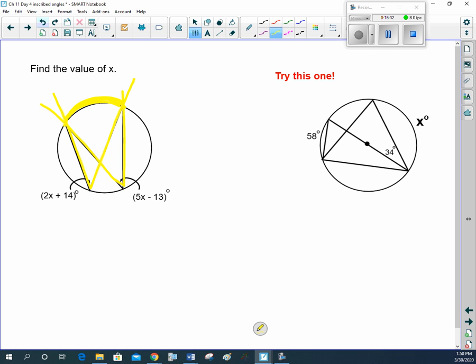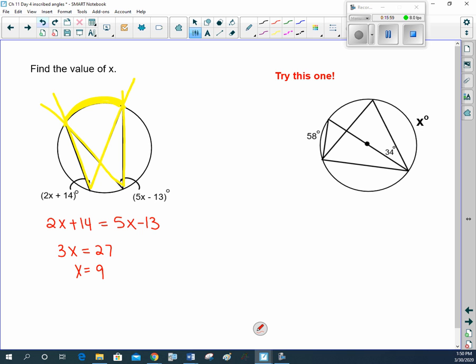So that means these two angles are congruent. They intercept the same arc, so they're congruent. So I'm just going to put 2x plus 14 equals 5x minus 13, and then solve that for x. So we're going to end up with 3x equals 27. So x equals 9.